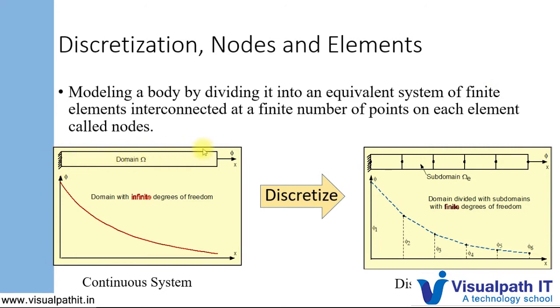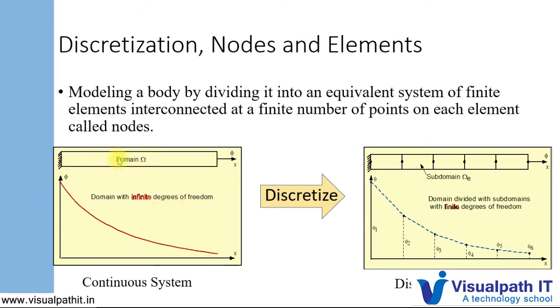So when I explain what discretization is, this is the concept. You have a continuous domain. In this example, it's a beam or a rectangular geometry which is fixed at one end and there is a force at the other end. This is a continuous domain, or an infinite degree of freedom domain. Why do I say that? Because this physical domain I can divide into an infinite number of small pieces, and each of these small pieces can have 6 degrees of freedom.